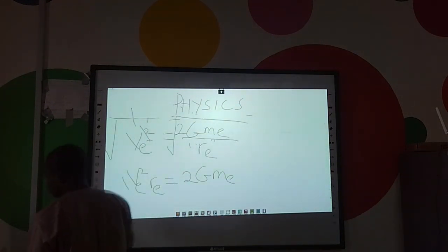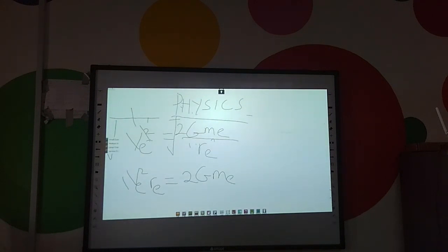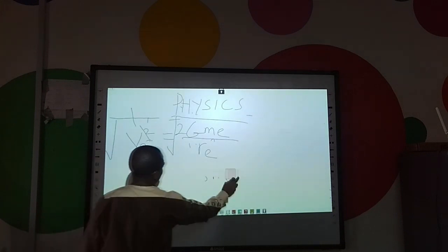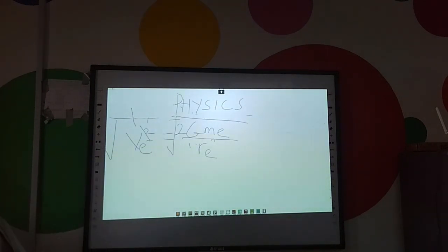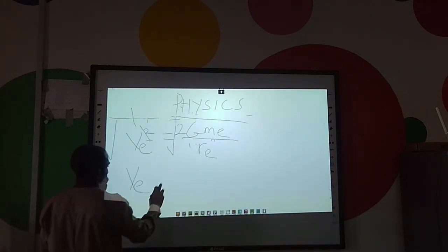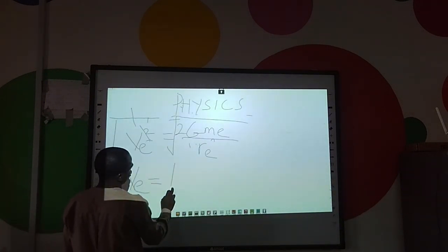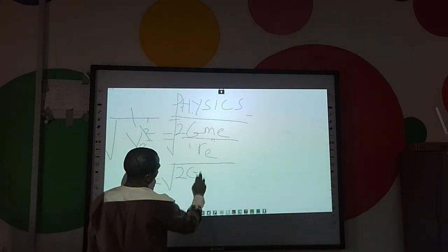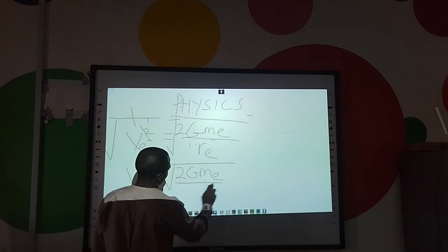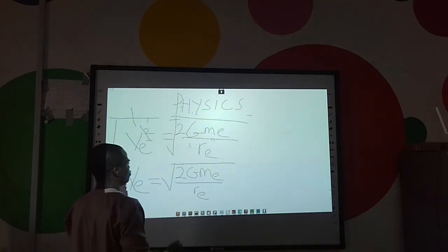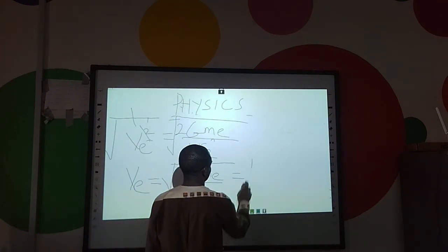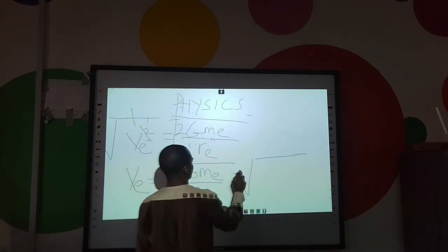You are left with V E equals the square root of 2 G M E over R E. You replace G M E with g R E squared, as I told you before.